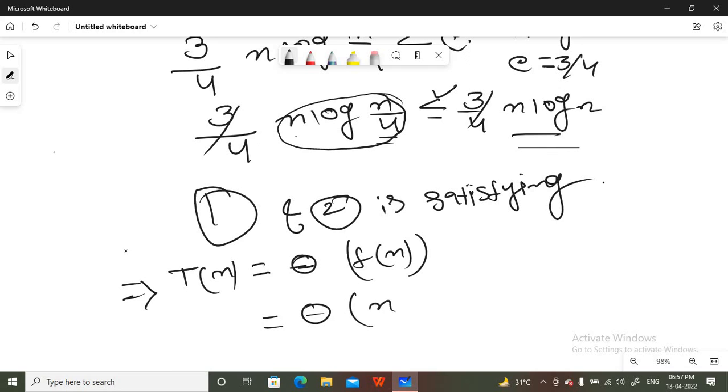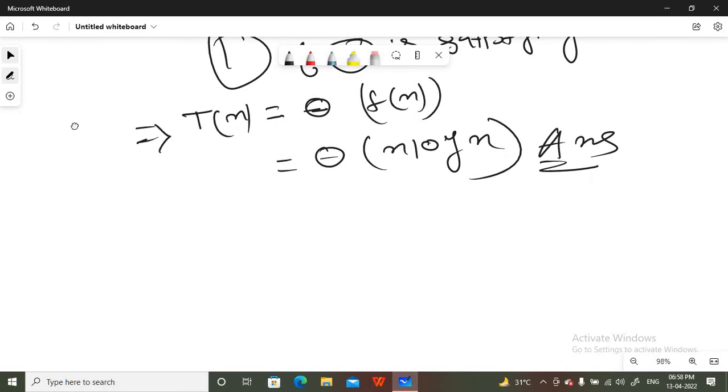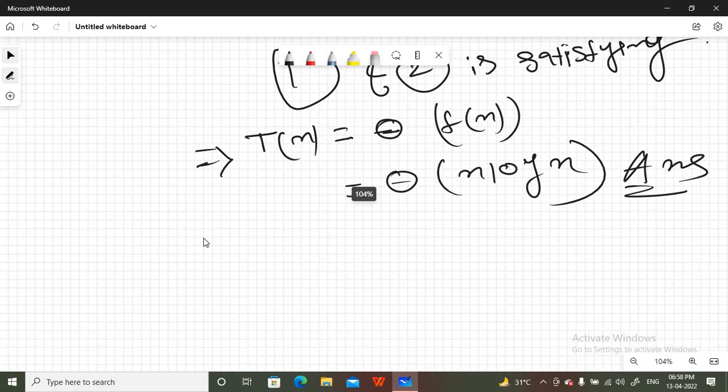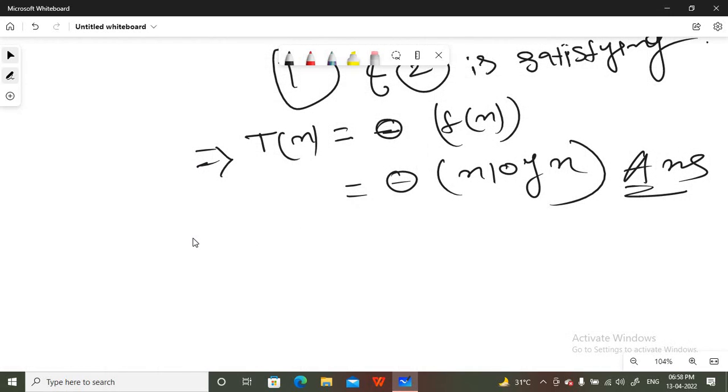What is our f(n)? n log n. This is actually the answer to this question. So after satisfying the conditions, we can very easily apply these formulas. Good. I am stopping here now.